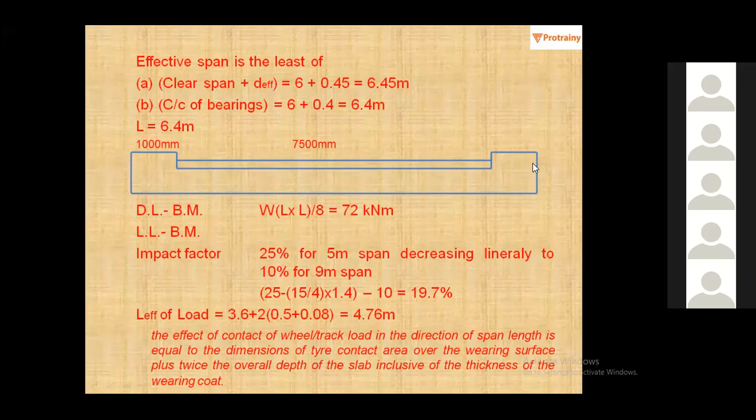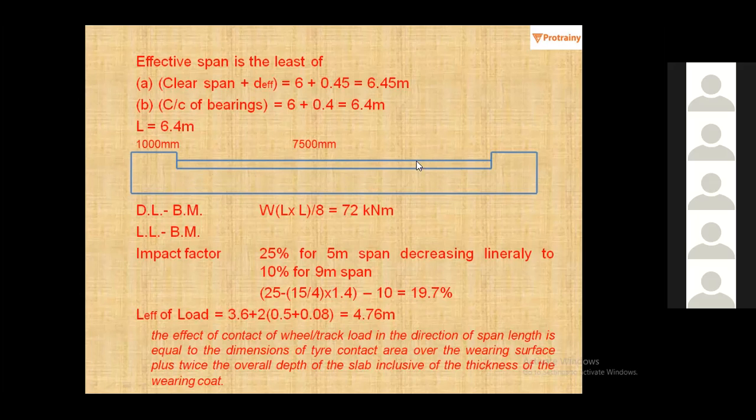Now you have impact factor, and we have to find out bending moment due to live load. And I told you before that live load is going to move, and we have to arrange live load in such a way जिससे हमारे को maximum bending moment मिले, ठीक है.